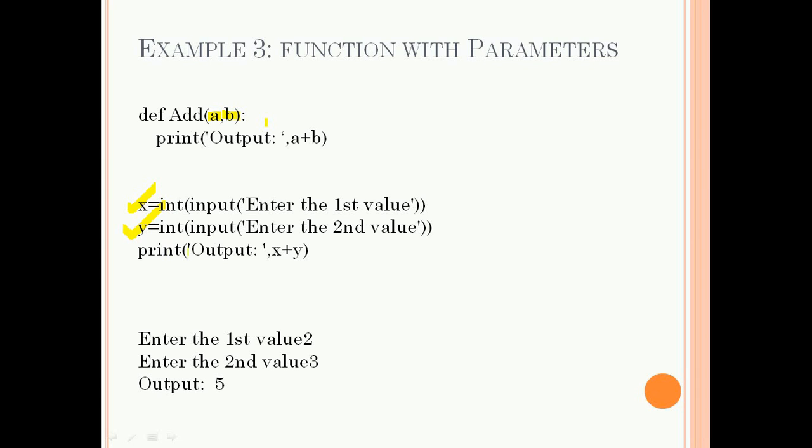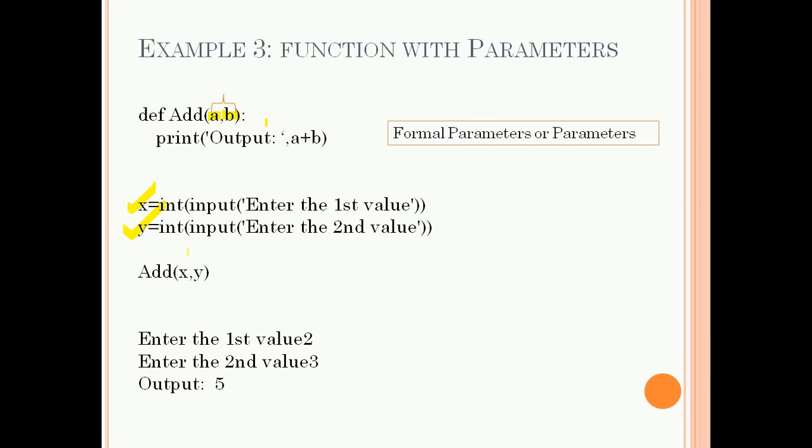So instead of this print output x plus y, we must write add within parentheses x comma y, and a and b are called formal parameters or parameters. X and y are called actual parameters or arguments.